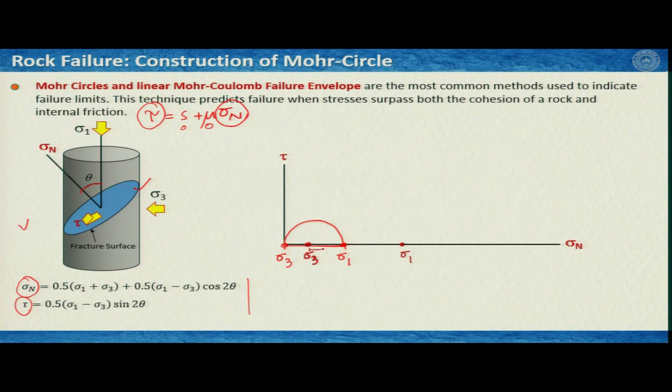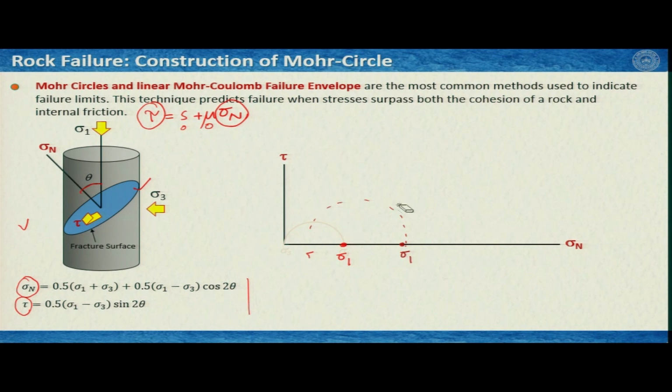Then again I can consider this as the diameter of the circle and draw another half circle like this. Then I can increase sigma 3 again and plot sigma 1, and again increase sigma 3 and plot sigma 1 at which the rock produces failure.